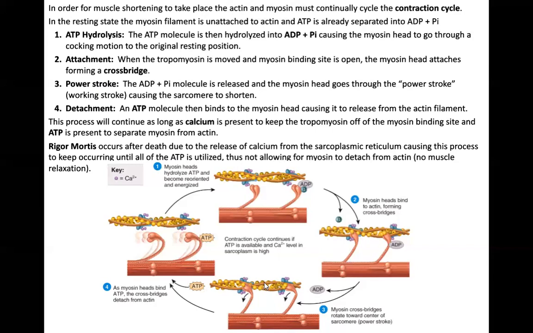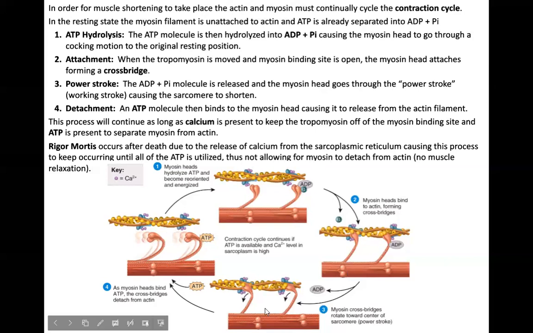Once again, in this state with the head flexed, the myosin is no longer able to do any good, so it must break free. We call this detachment, which requires ATP. ATP binds to the myosin head, breaking the cross bridge, and then we hydrolyze that ATP to extend the head and start it all over again.